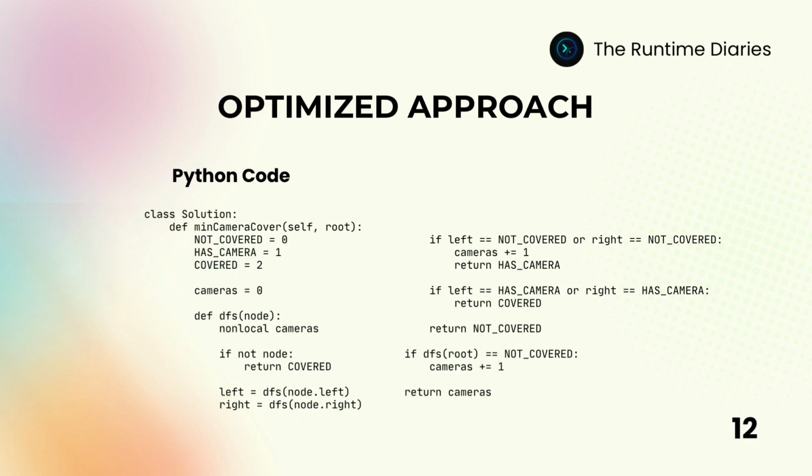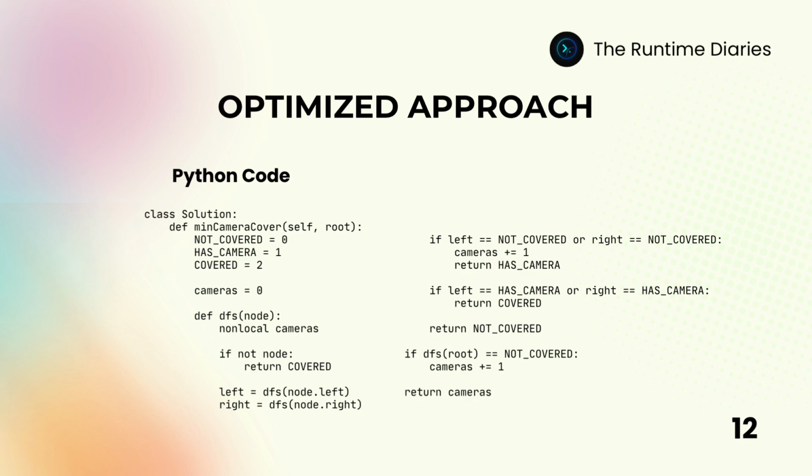Here's the complete Python solution. We define 3 constants. not_covered equals 0. has_camera equals 1. covered equals 2. We initialize cameras to 0. We define the DFS function with nonlocal cameras so we can increment the count. If the node is null, return covered.